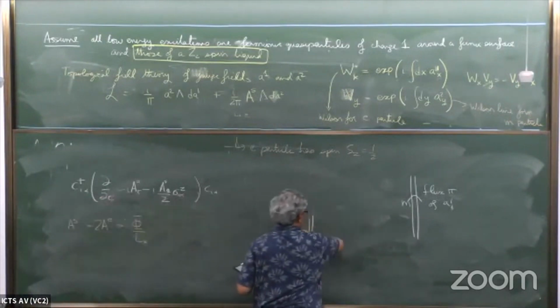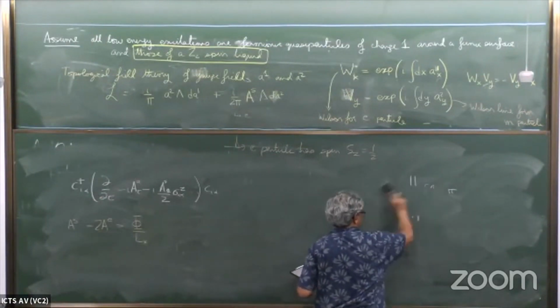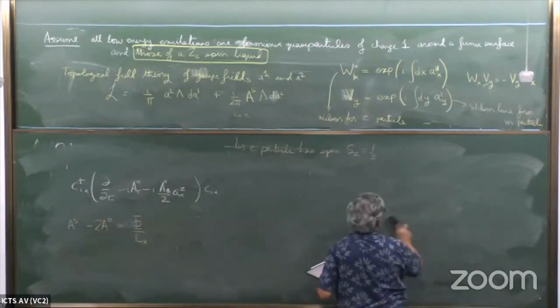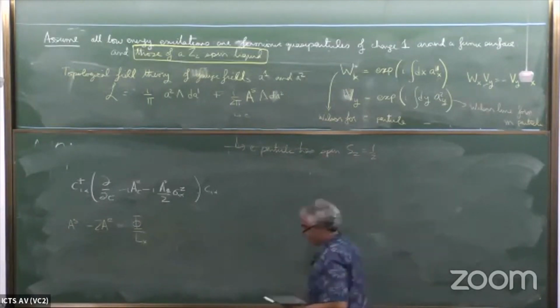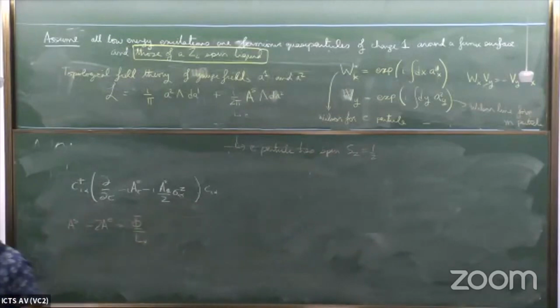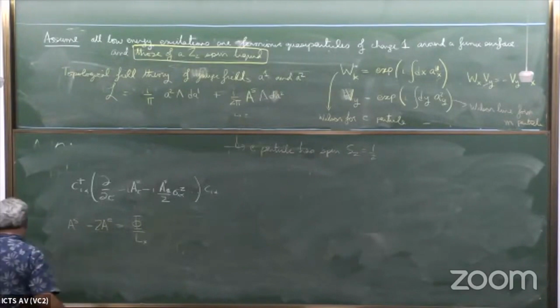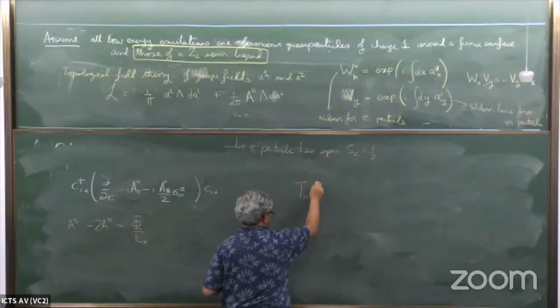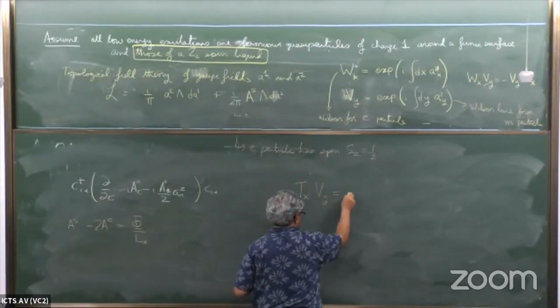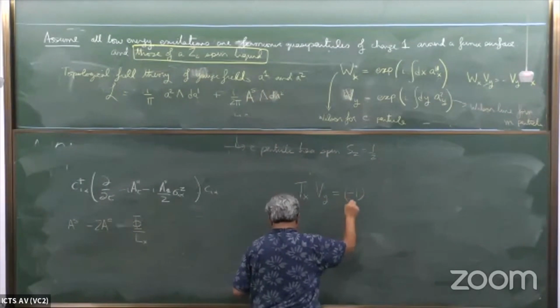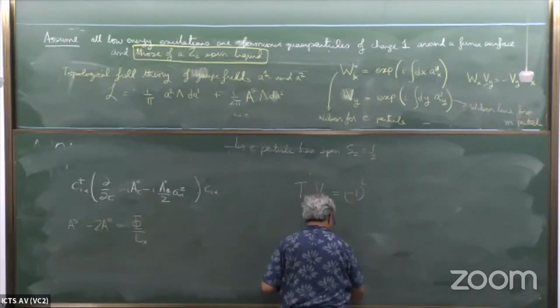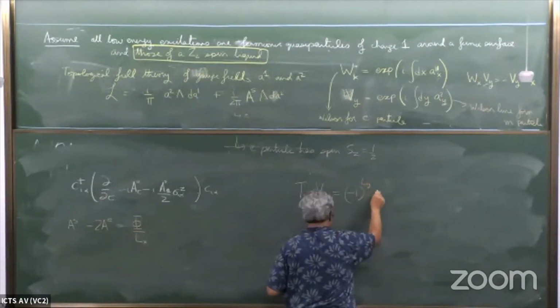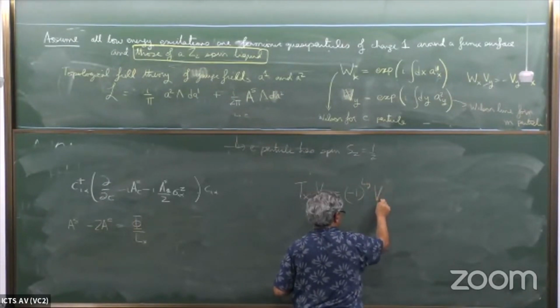So in a Z2 spin liquid, we had looked at the effect of translation on these Wilson line operators Vx and Vy. And what we had concluded was that Tx Vy was -1 to the Ly times Vy Tx.